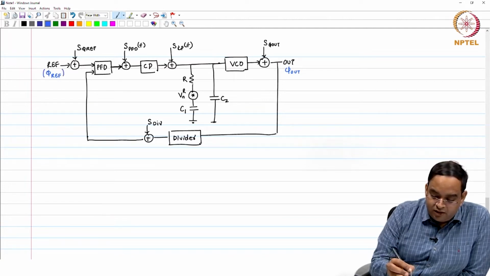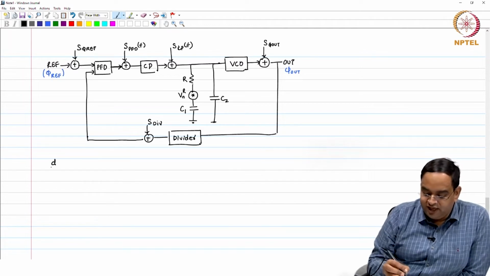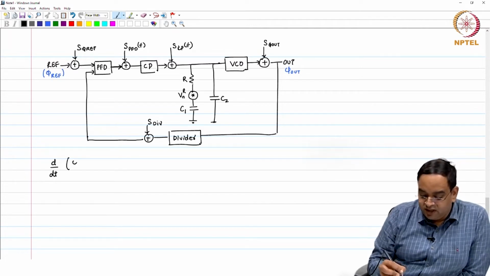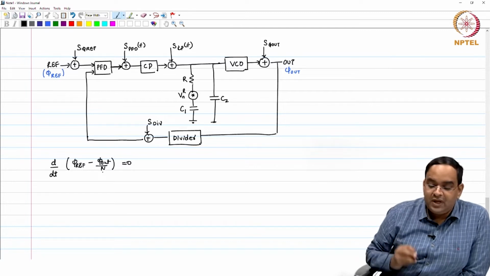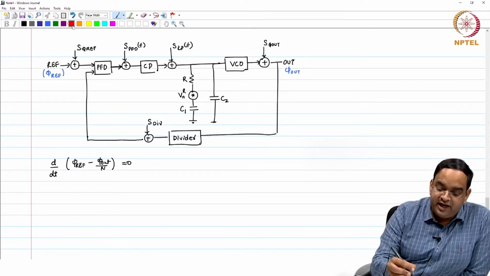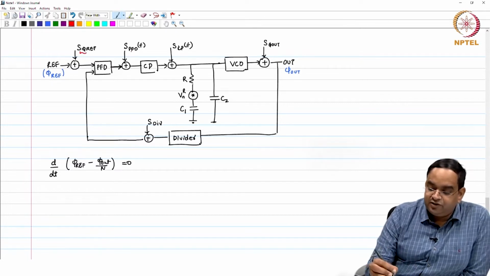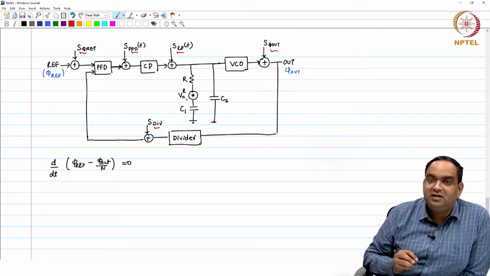The PLL locks such that the phase error is equal to 0, as we have seen multiple times: phi_ref minus phi_out by N, that is what the PLL will ensure.